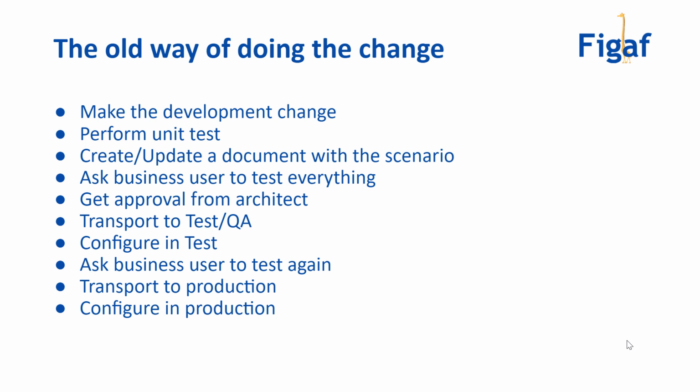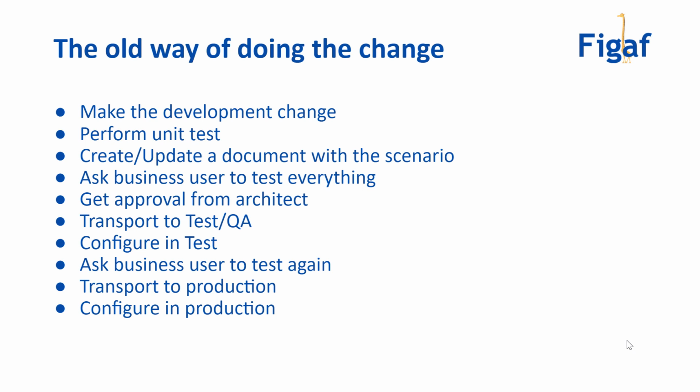You would then ask the user or business user to test that it worked, and if you made a fix that the new thing also worked, and you had to coordinate with this user about being able to test all these different things that was required for testing. You had to get approval from architects. You had to transport this and do QA procedure.